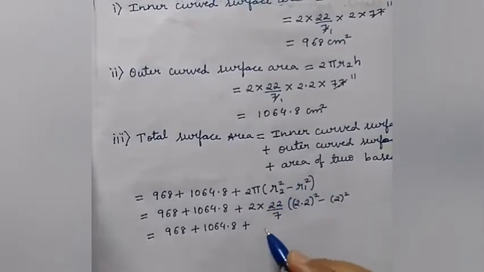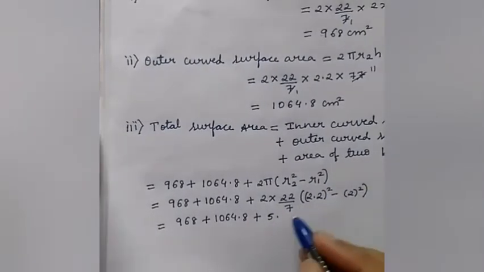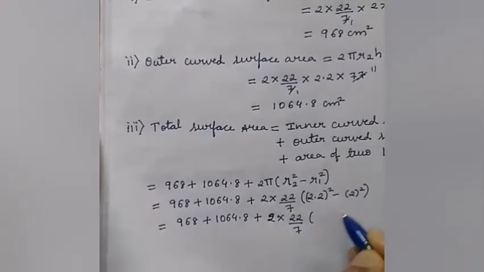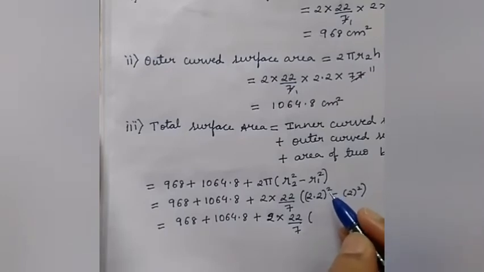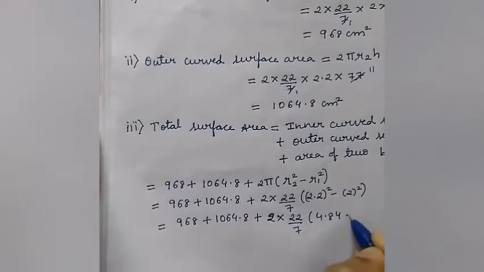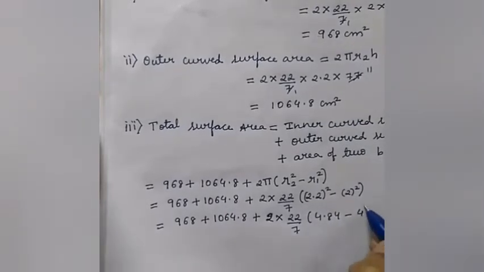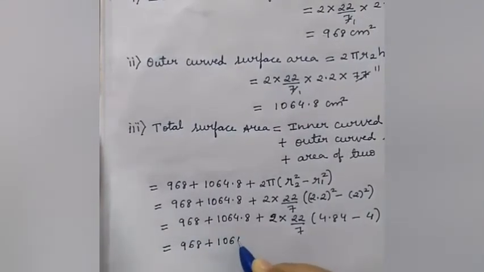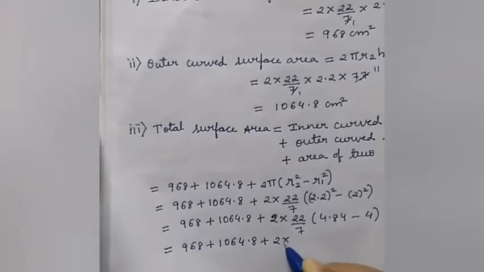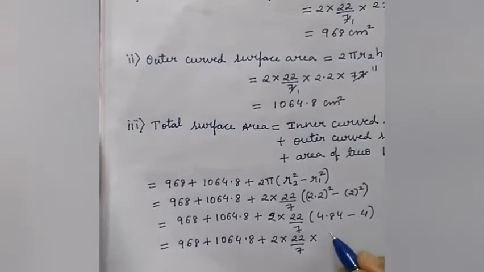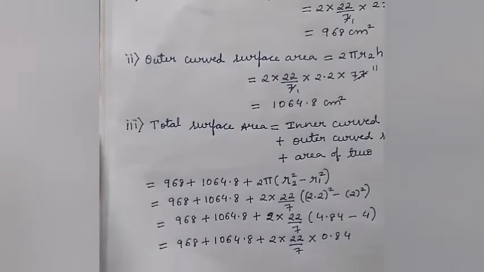If we simplify this: 2 into 22 divided by 7 into 2.2 whole square, which is 2.2 into 2.2, equal to 4.84, minus 2 square, that is 2 into 2, equal to 4. So we have 968 plus 1064.8 plus 2 into 22 divided by 7 into 4.84 minus 4, which is 0.84.